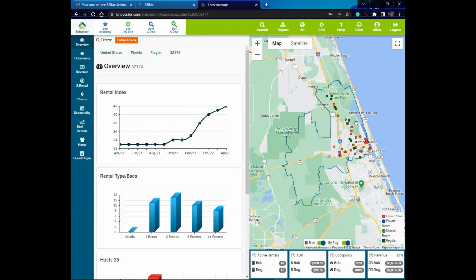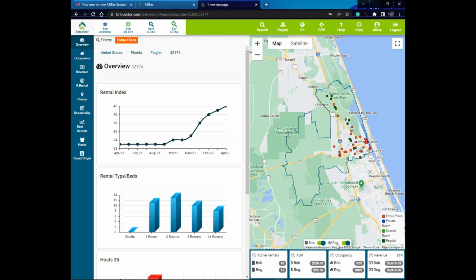As you see, you have this green little square and these red little dots. The difference between the green ones and the red ones is that the green are regular rentals and the other are per day rentals. The system will show me both of them, the BnB rentals and the regular rentals.